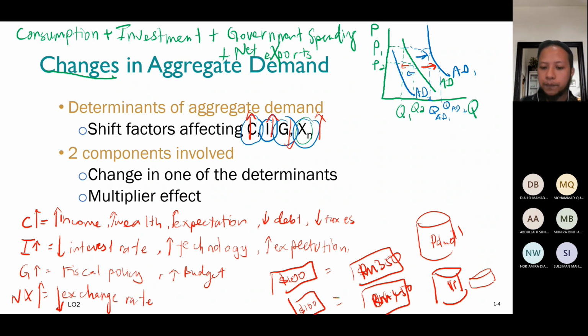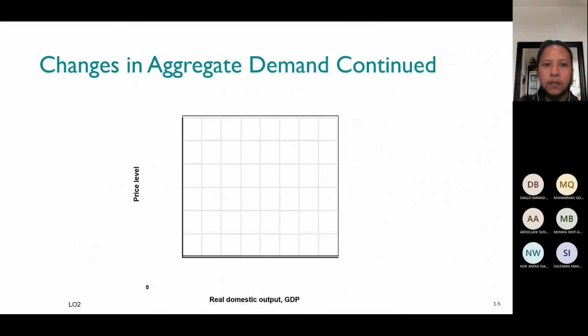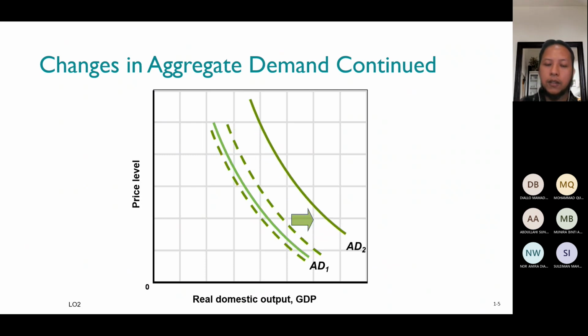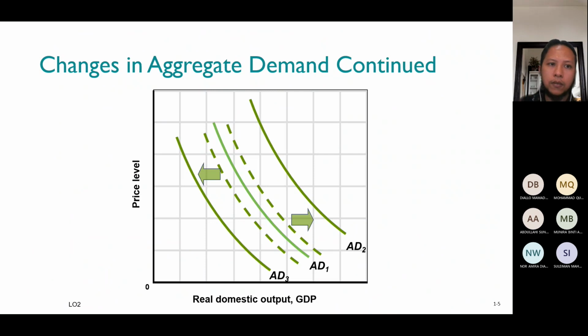Right. So this is how the shift works. And from the initial change, there might be a multiplier effect. In this example, you see aggregate demand shifting at the dotted line. Let's assume aggregate demand was at AD1, and there is suddenly a change in consumer spending.